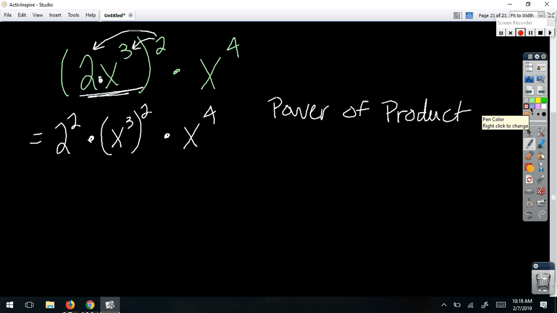Look. Tell me what property you see. This is what stands out to me. Power of what, Zaya? You've already done that. What did you say, Zaya? Power of power.